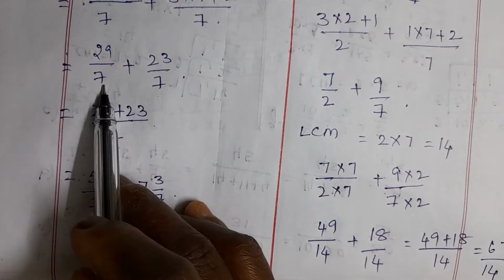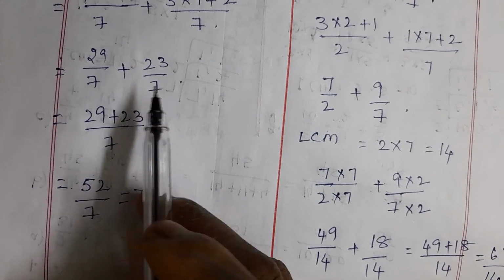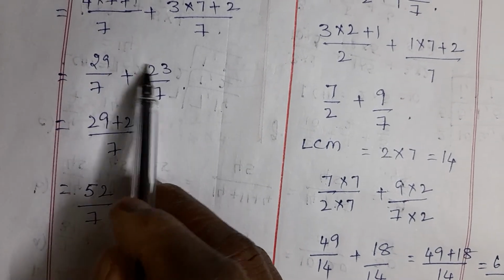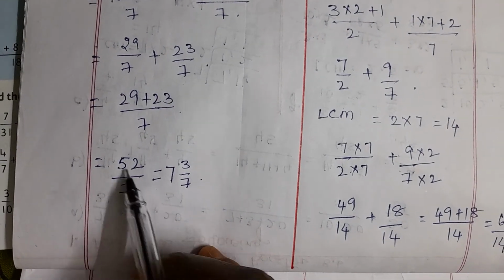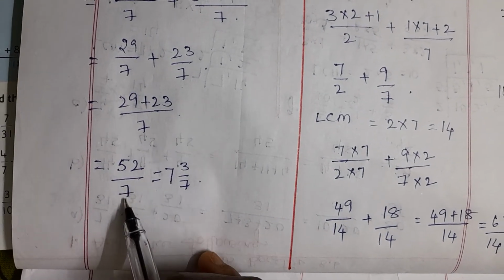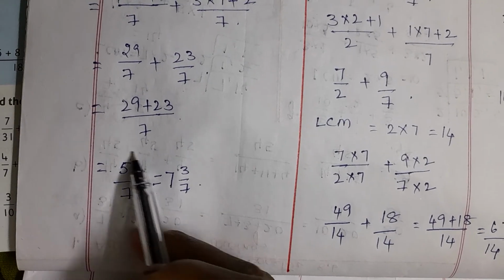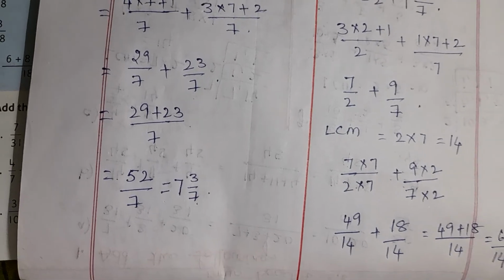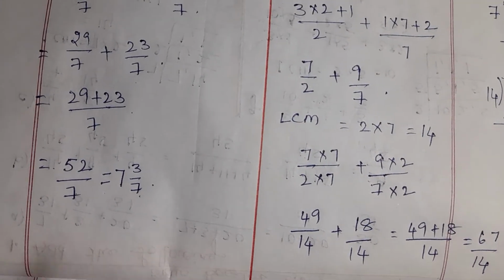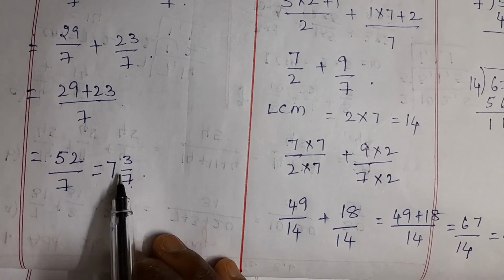Now both the fractions are like fractions, so we need to directly add both the numerators. Now after adding we'll get 52 by 7. So again this needs to be changed into a mixed fraction. How to do a mixed fraction?